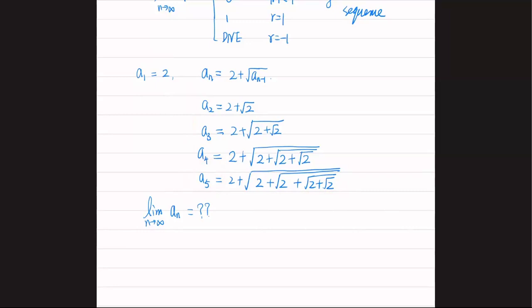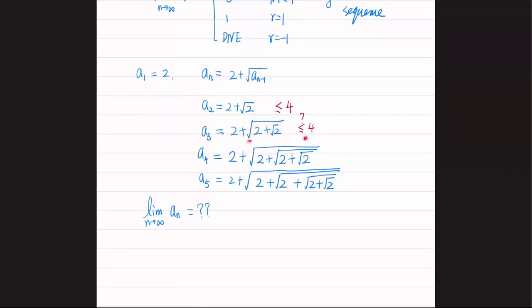Okay, one observation. I need a different color. I claim this is less than 4. That's clear? Now, is this less than 4? Why? Because over there it is less than 4, so the square root of this is less than 2.